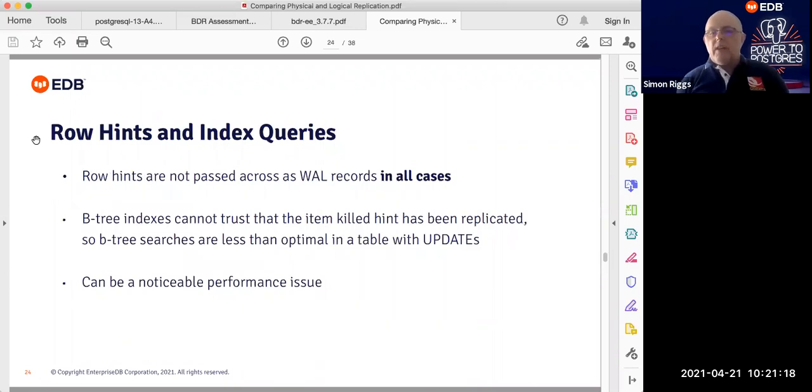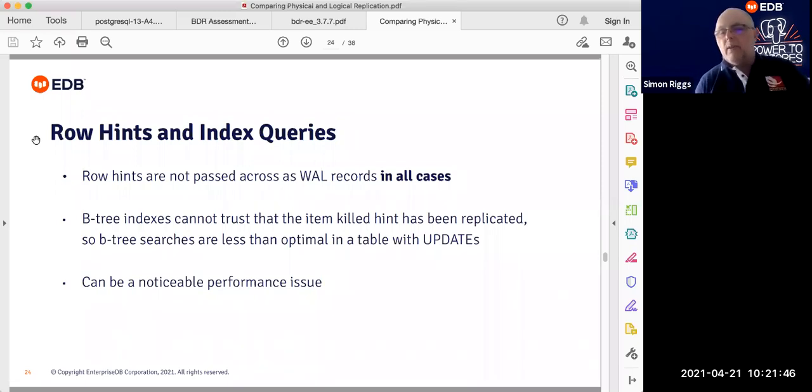Another thing that we need to mention is how hints work within data blocks. Postgres uses a scheme called hints, where when you read a row that has just been written, it will set a hint on there to say whether or not the transaction has committed. And that causes a very small write to the database blocks, which usually doesn't matter at all.